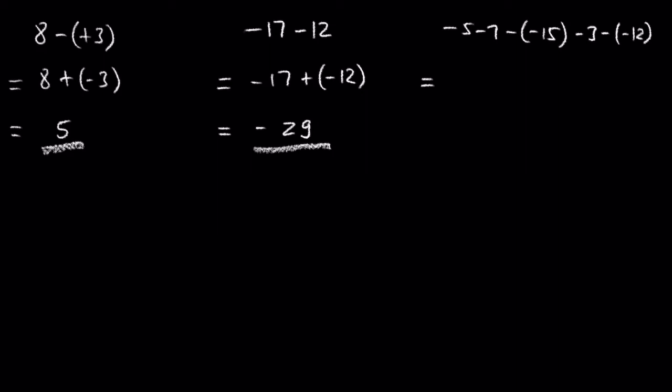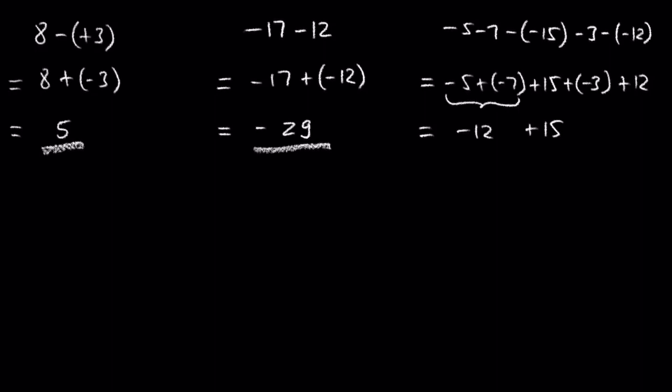Now here, rewrite each subtraction as an addition of the opposite, then add. -5 plus 7 plus 15 plus -3 plus 12. That gives -12... wait, -5 plus 7 is 2, so we continue: 2 plus 15 is 17, plus -3 plus 12.